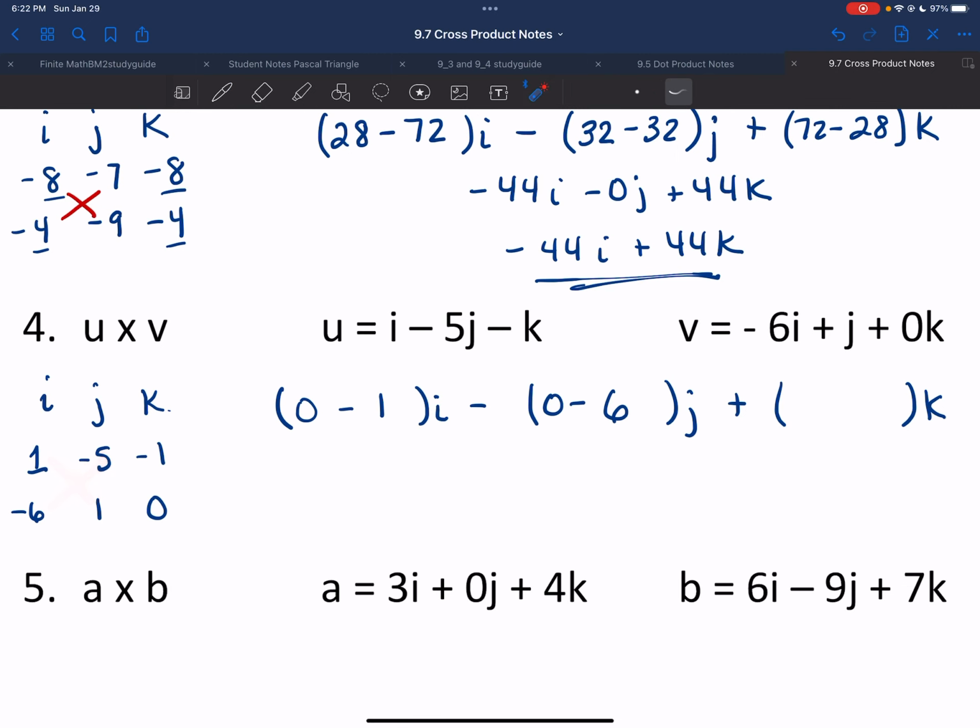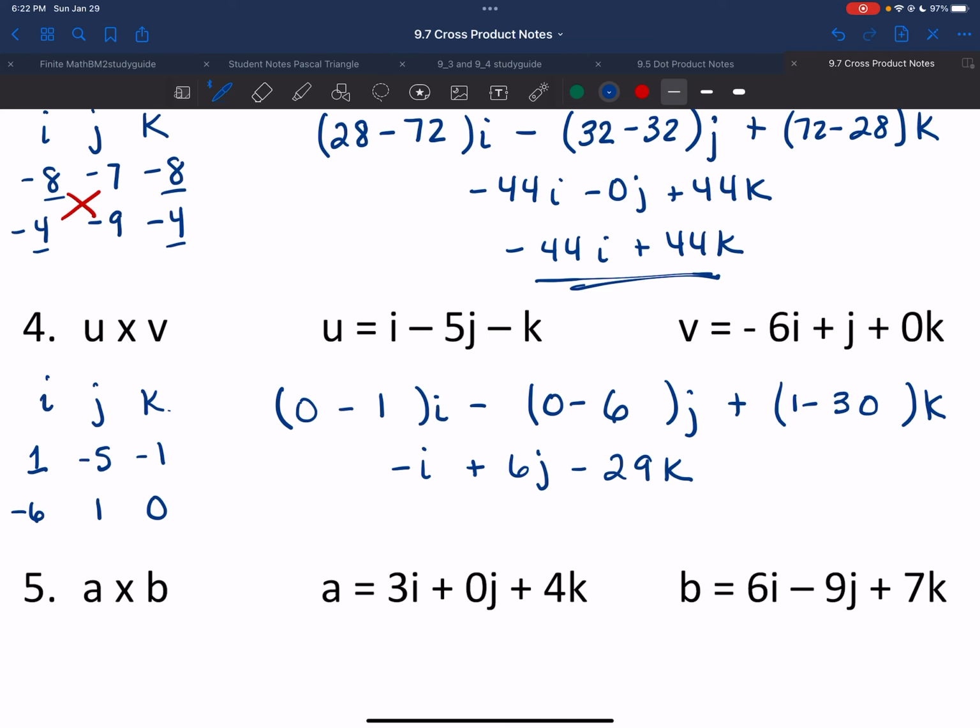So that would be 1 minus a positive 30. So 0 minus 1 is negative i. 0 minus 6 is negative 6j, but I'm subtracting a negative, so it's going to be plus 6j. And then 1 minus 30 is negative 29, so minus 29k.